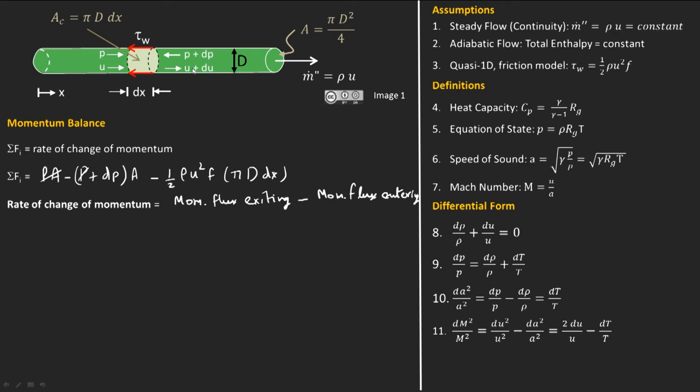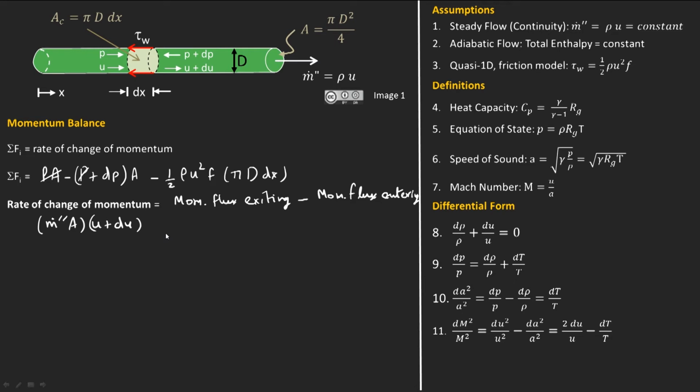As we know, the mass flow rate m dot is nothing but mass flux m dot double prime multiplied by the area. Therefore, we can write the momentum flux exiting as the mass flux times area, which gives us the mass flow rate m dot, multiplied by u plus du, which is the speed with which the fluid is exiting the control volume.